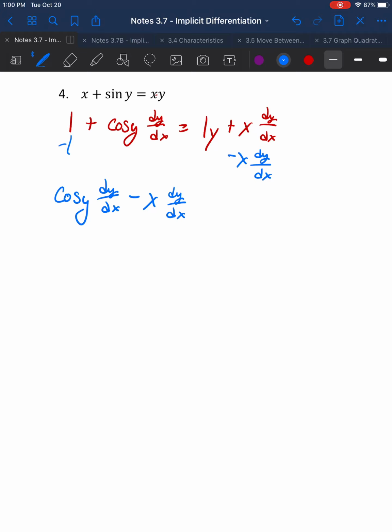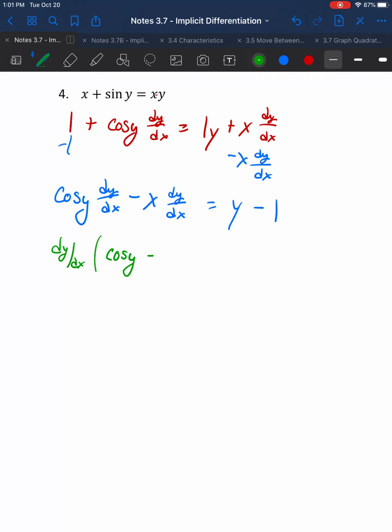So I'm going to bring, oops, I forgot to change my color. So I'm going to bring this over to the left. And I'm going to take this constant of 1 over to the other side. Okay, not trying to confuse anyone.